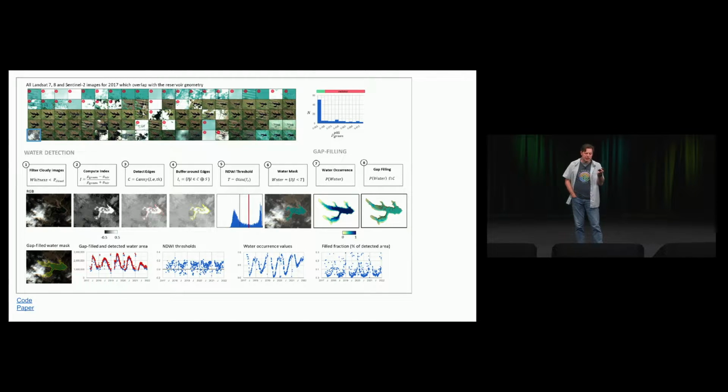But the algorithm also makes use of images where we see only a small part of the water body, and based on historical data it tries to fill in the unseen pixels.